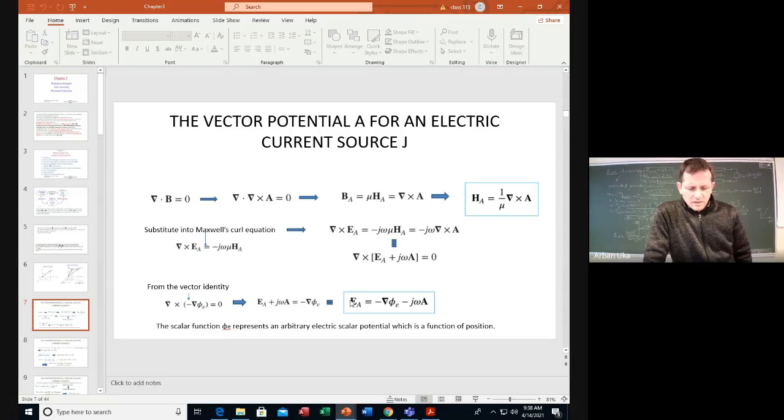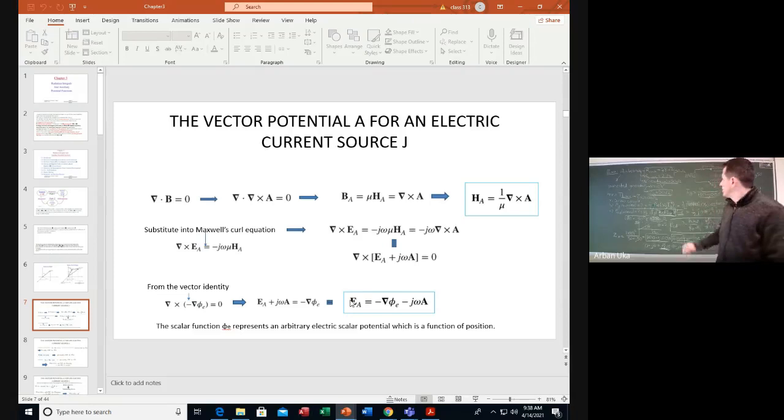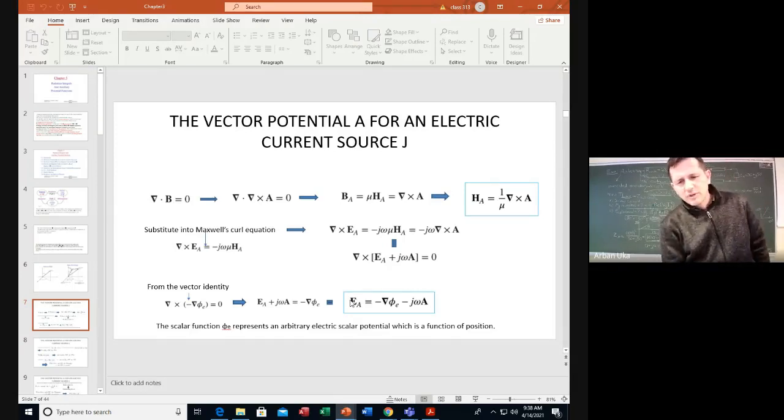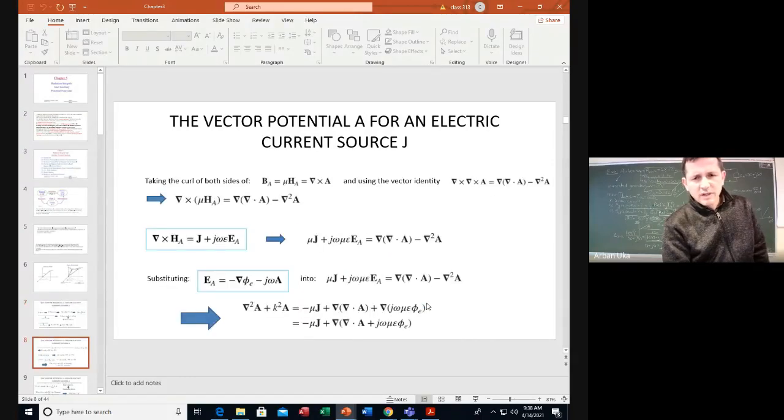And so we know that the E is always equal to minus the gradient of a scalar potential. But at the same time, when we are not in magnetostatics or electrostatics, we also have to include this other term, which means that because of the coupling of the electric field with the magnetic field intensity, we're going to have the modification of the E.